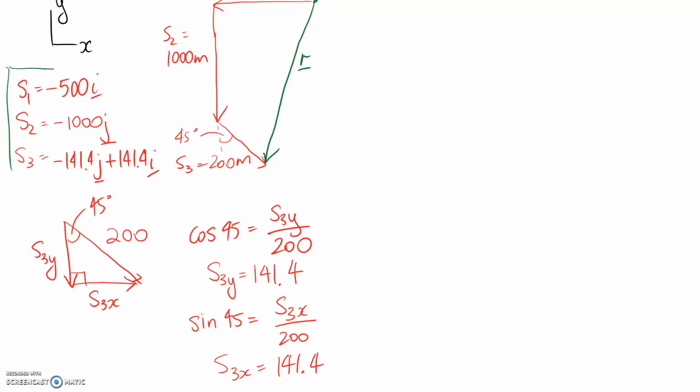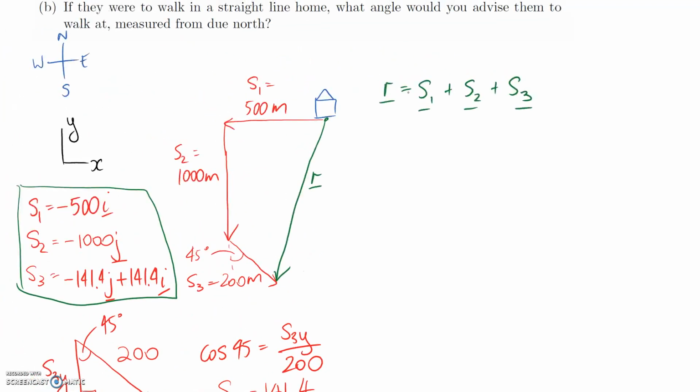Alright, so now these three vector expressions that we've made need to get substituted into our resultant equation. So we're going to get negative 500I plus negative 1000J plus our final vector.